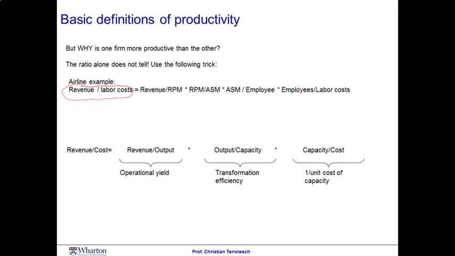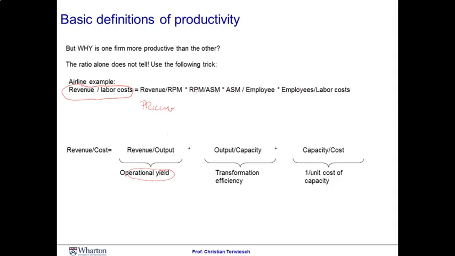Now what is the benefit of writing the equation this way? It reminds us that there are multiple things going on that are all driving the labor productivity. We see here in the first factor the revenue to the number of miles that we sell. This is really driven by the airline's pricing power. For that reason, oftentimes, this is what's called the yield.